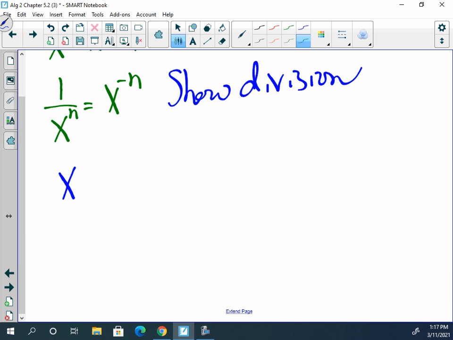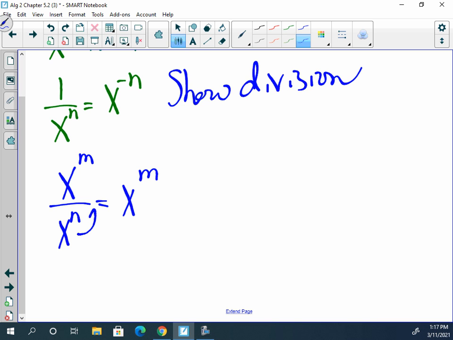So let's say x to the m over x to the n. Now, our proof right here, 1 over x to the n is equal to x to the negative n. If I move it above or below the denominator, the sign of the exponent changes from positive to negative.